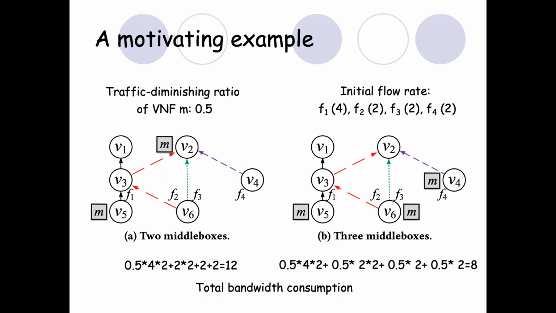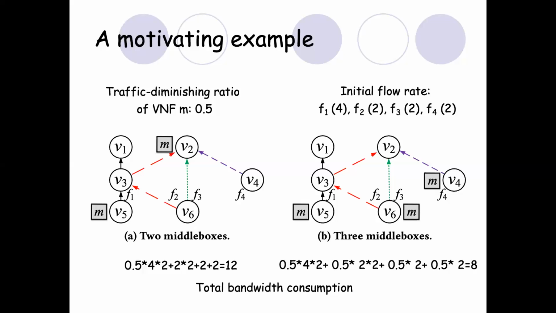In figure A, it shows the optimal placement with only 2 middleboxes allowed. A middlebox is placed on V2 to process flows F2, F3, and F4, and another one is deployed on V5 to process the flow F1. We take F1 as an example of the calculation of a flow's bandwidth consumption.